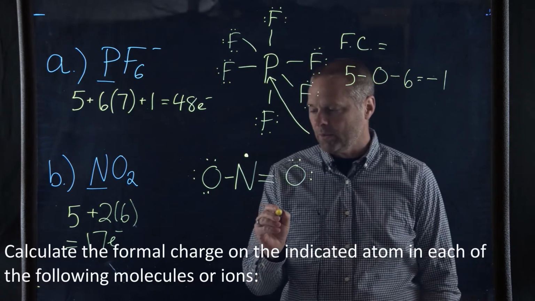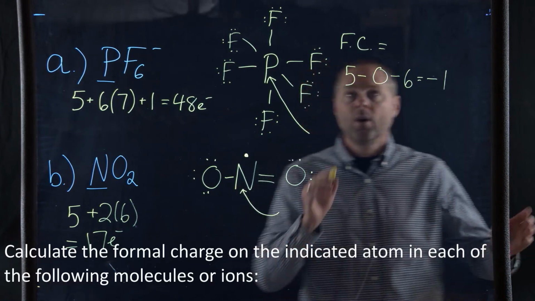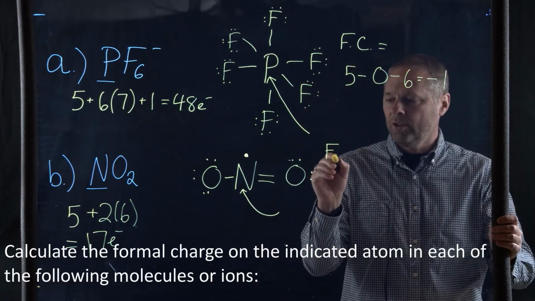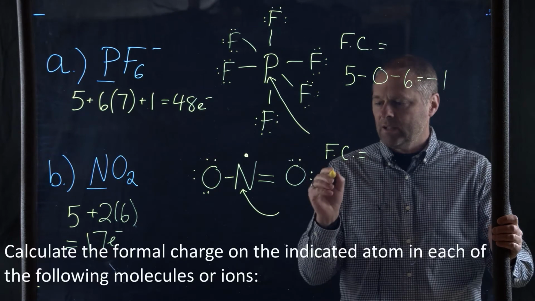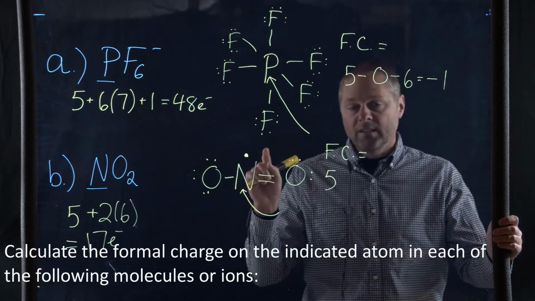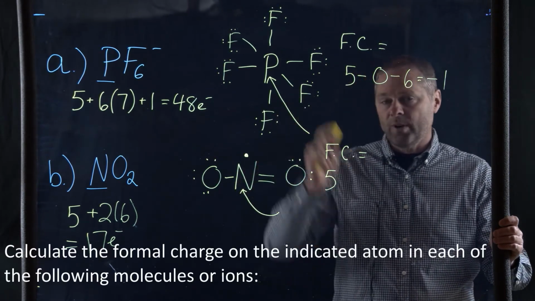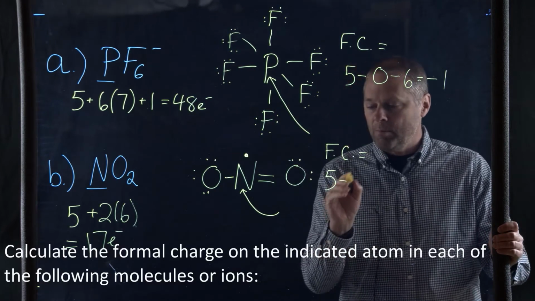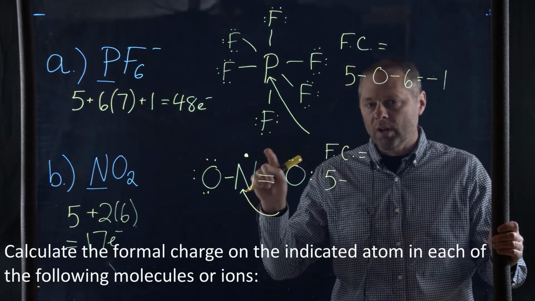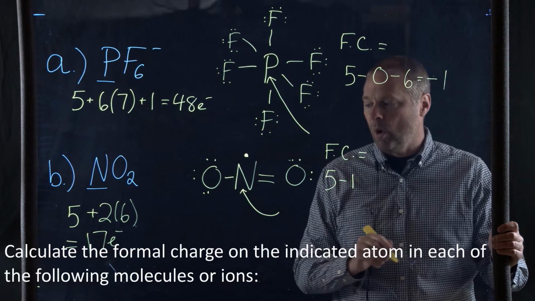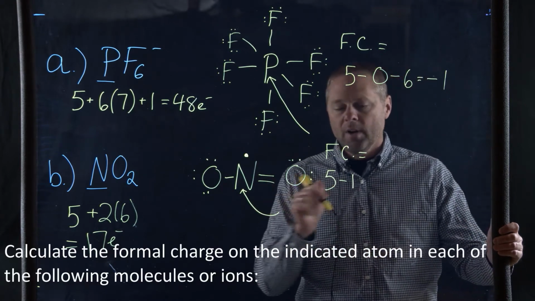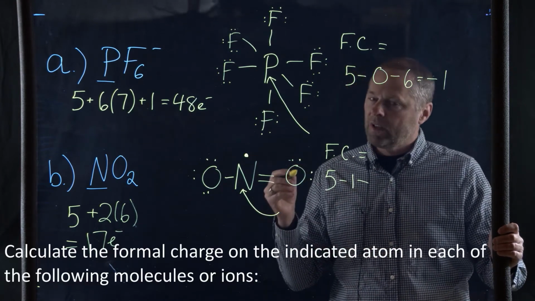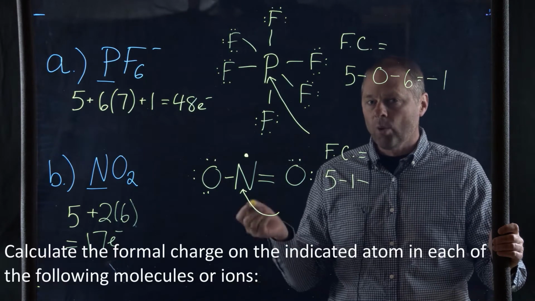Now we want to come up with the formal charge of nitrogen. Once again, the formal charge is equal to 5. In this case, nitrogen has 5 valence electrons. It's right above phosphorus. Minus the number of lone electrons. In this case, it's going to be 1. Minus half the number of bonding pairs, or the number of bonds.